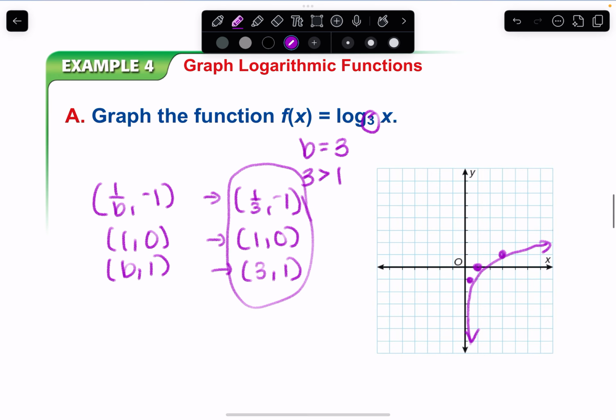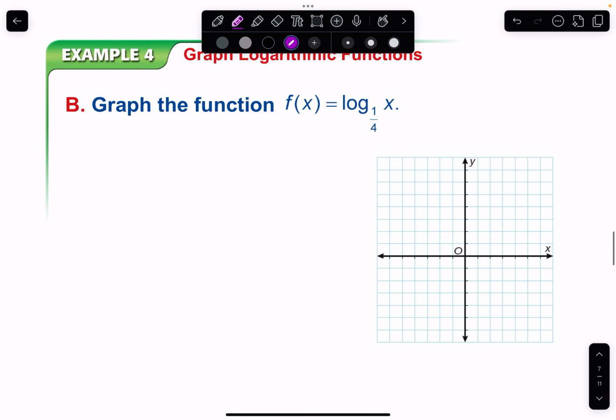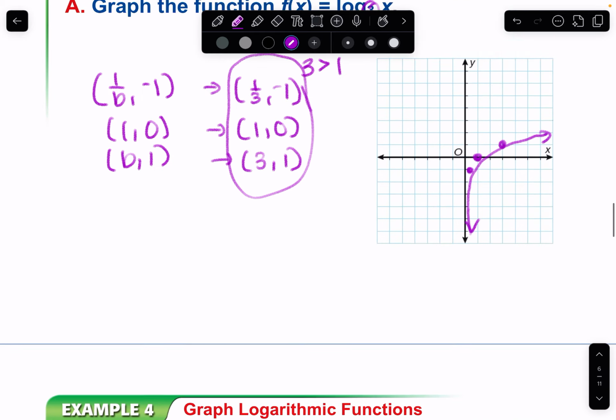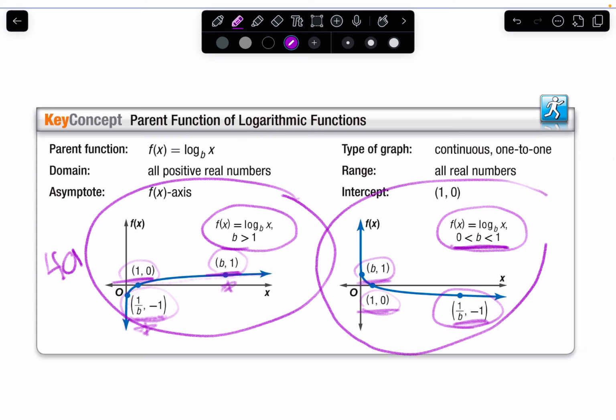So then example 4, part B is the other one. So looking at my b value, it is 1/4. So again, going back to this chart, 1/4 would fall between 0 and 1. So this is what I am using for 4B.